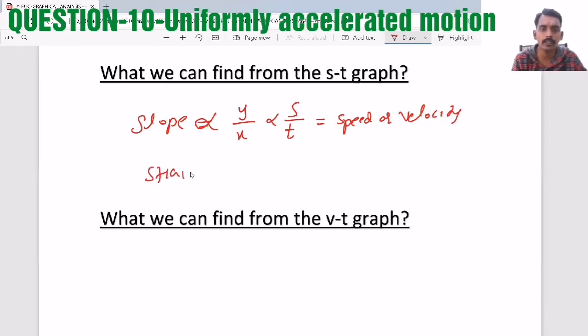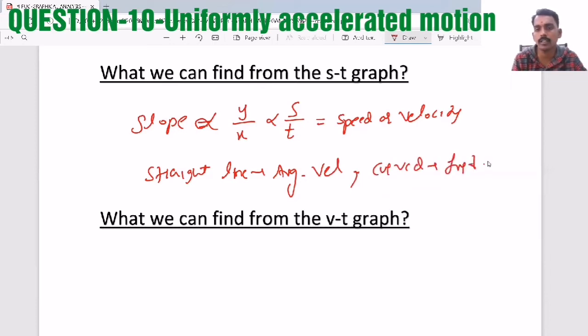A straight line means average velocity or average speed, and a curved graph means instantaneous velocity. This is delta s by delta t, average velocity. This is ds by dt, instantaneous velocity.